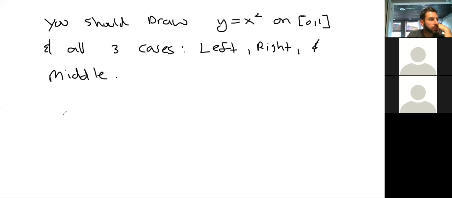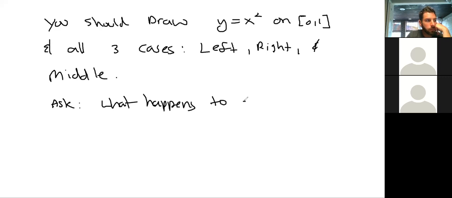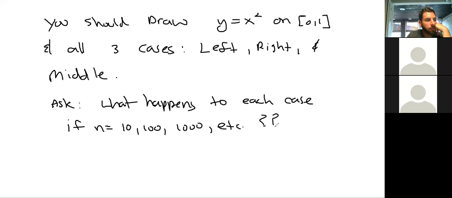So ask yourself, what happens to each case if n equals 10, 100, 1,000, etc.? So ponder that and get a feel for what's happening here. Does anybody have a question? Comment, concern?